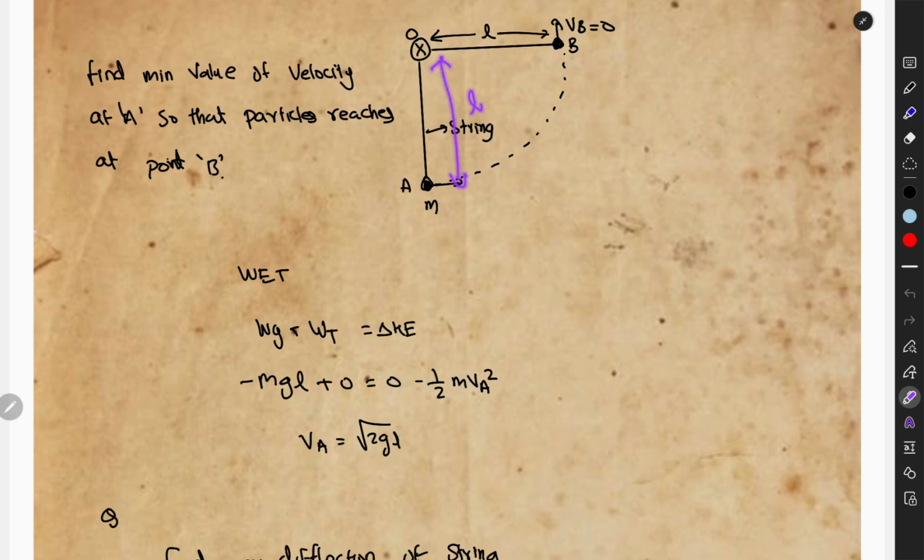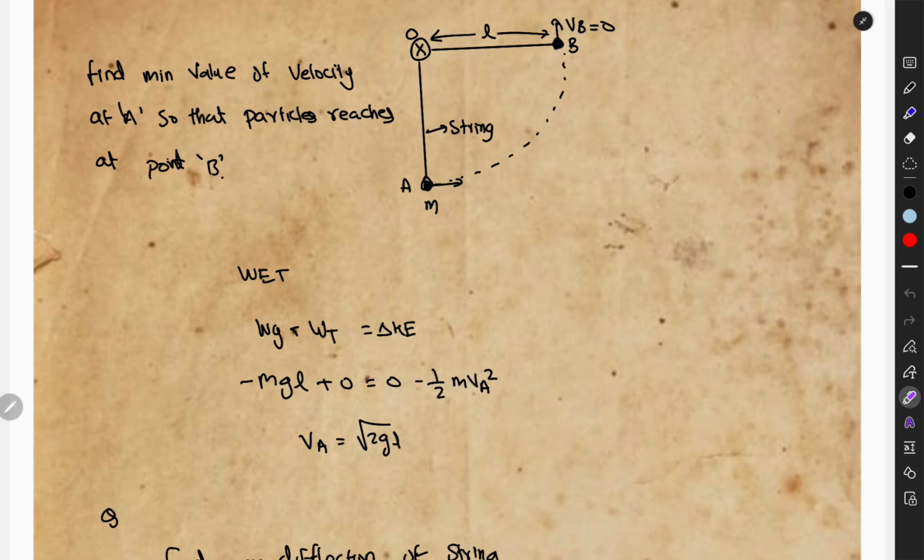This is also l because it's a circular motion. Wherever you go, this length is l, so everything is going to be l. Minus mgl plus the tension force, which is always perpendicular to the displacement, and in this case it's gonna be equal to 0.